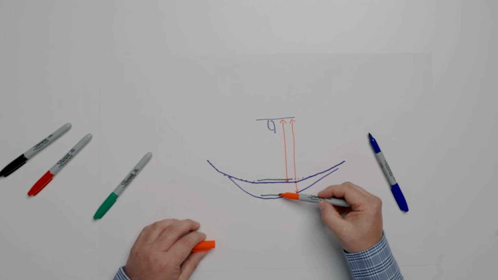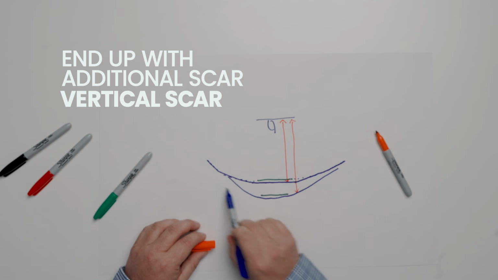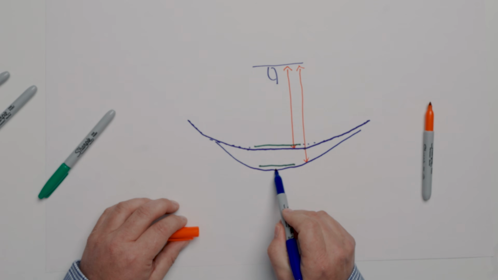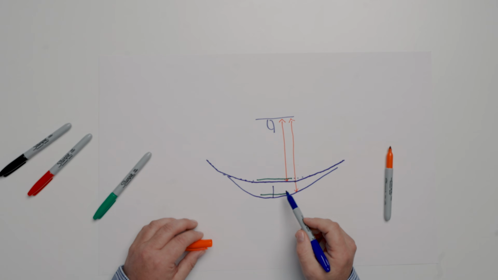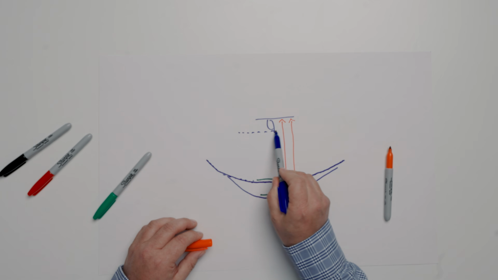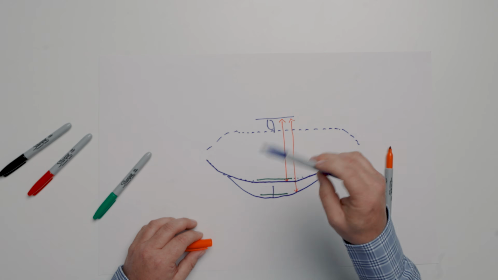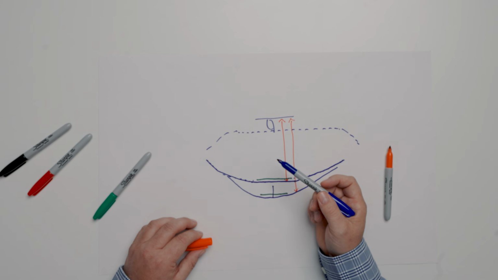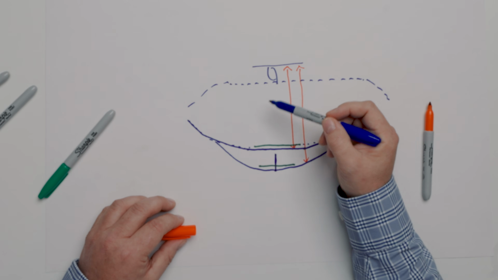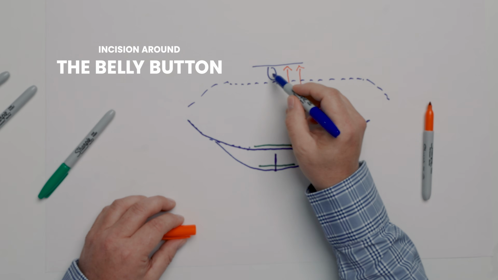And then patients will end up with, in addition to the traditional horizontal scar, a small vertical scar here, because I'm unable to take all of that tissue, and I have to lower that line. The reason you get the vertical scar in this area is that in order to give you the new belly button and remove the skin, I have to make an incision around the belly button.